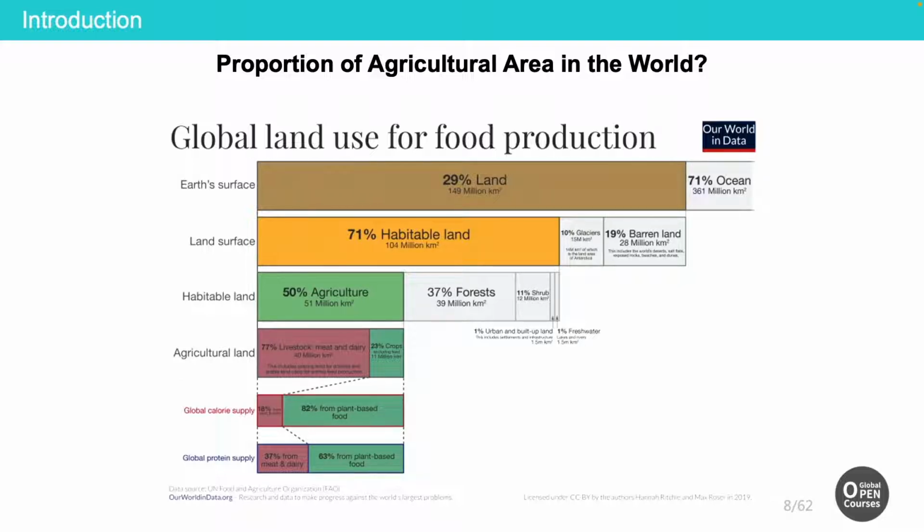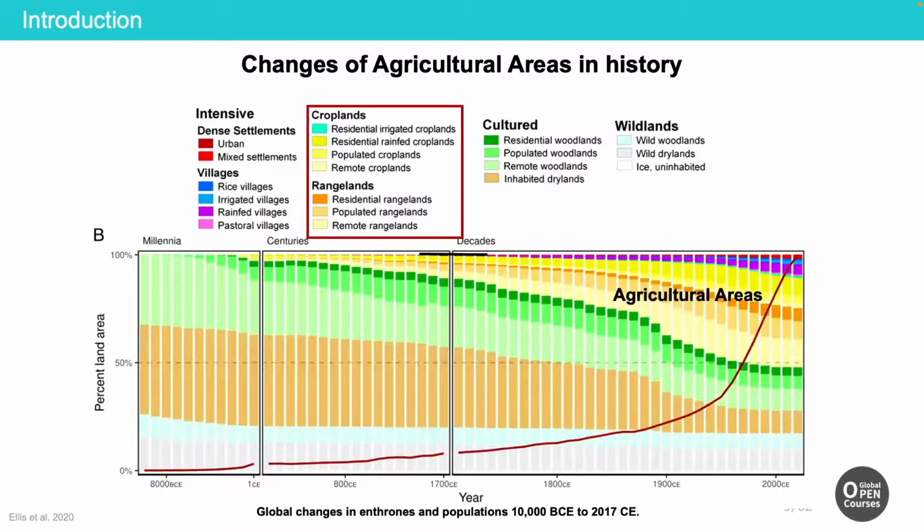This leaves only 37% of habitable land for forests, 11% as shrubs and grasslands, 1% as freshwater coverage, and the remaining 1% is built-up urban area, which includes cities, towns, villages, roads, and other human infrastructures.